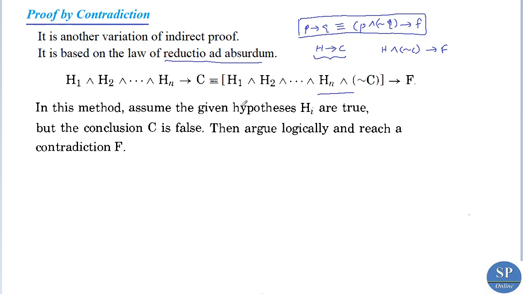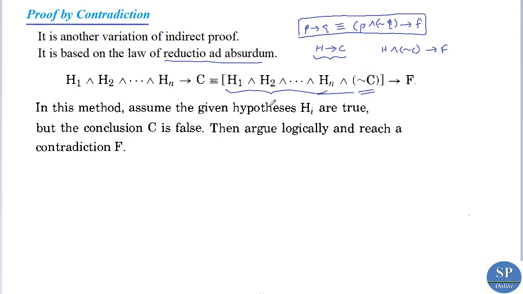That is, in this method we assume that each hypothesis is true. Each of these hypotheses is true and the conclusion is false. That is, negation C is true. That means conclusion C is false.